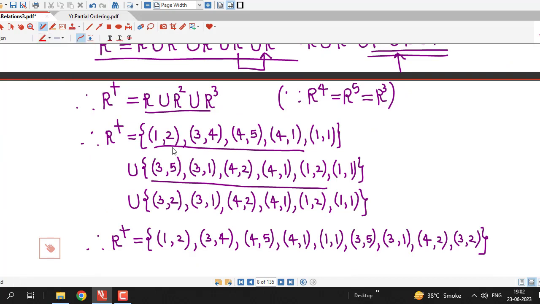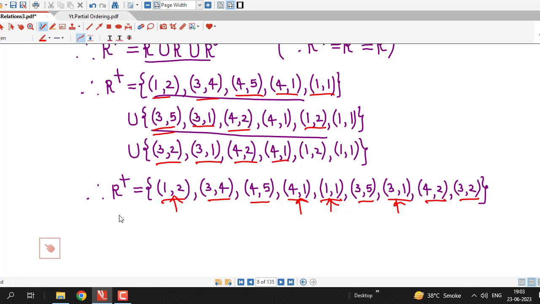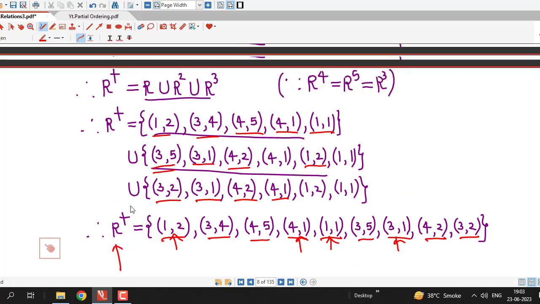So that I have written here. I have written (1, 2), (3, 4), (4, 5), (4, 1), (1, 1). Then (3, 5), (3, 1), (4, 2); (4, 1) is already there. (1, 2) is already there. (1, 1) is also there. Then (3, 2); (3, 1) is there. (4, 2) is also there. (4, 1), (1, 2) and (1, 1). So this is the transitive closure of the given relation R.